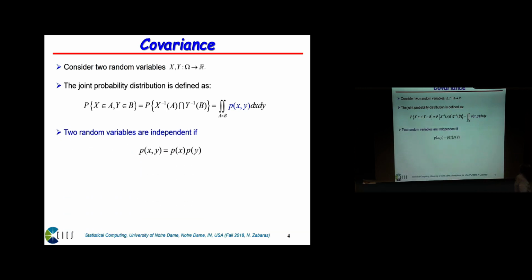Let me define independence the same way we define independence of events. 2 random variables will be called independent when p_xy is p_x times p_y. So p_x is really the marginal of p_xy, and p_y is also a marginal of p_xy. And what I will emphasize today is that the independence relation involves densities, not expectations or anything like that.